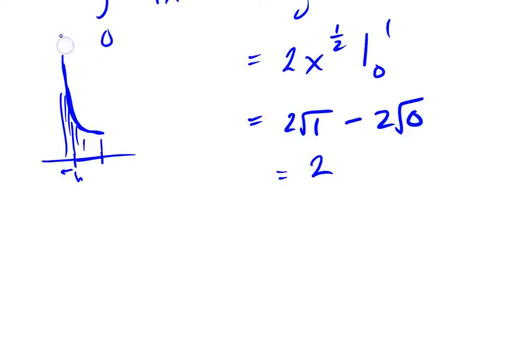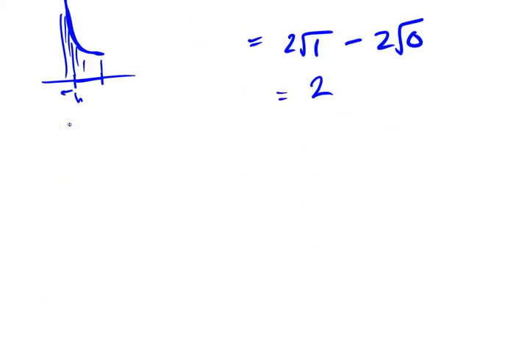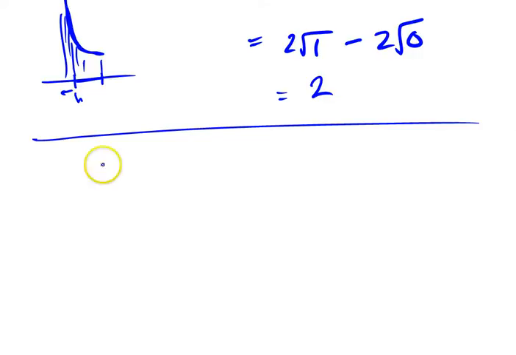When the asymptote is in the middle, then you have to break it up into 2 pieces. So for instance, if I did the integral from negative 2 to 3 of 1 over x dx, that's got an asymptote at 0.